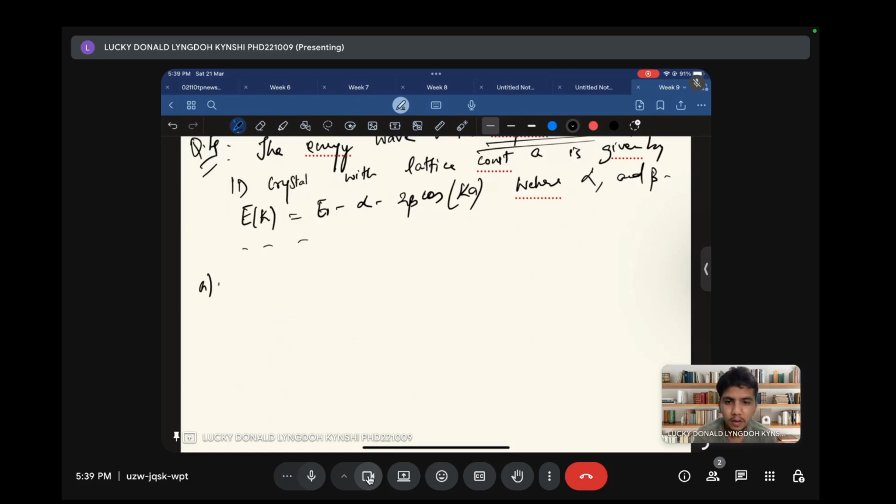So question A asks: determine the value of k at which the electron velocity is maximum.